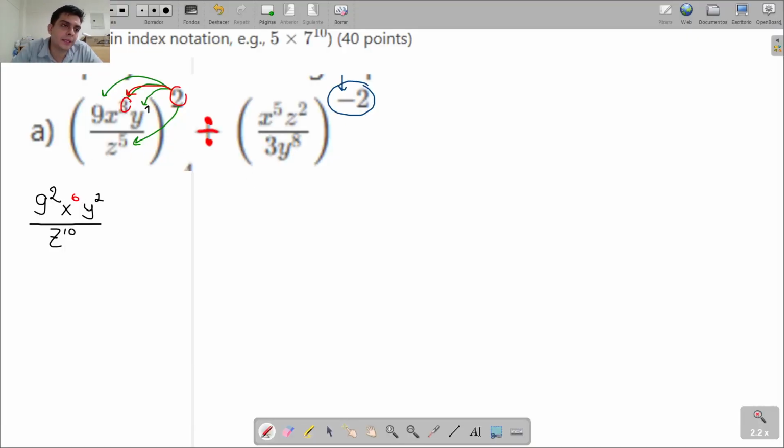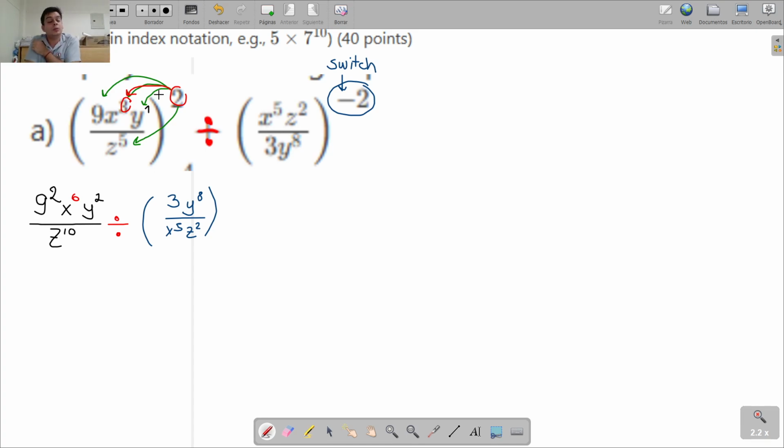We flip these places, this continues like a division, and we copy this again, but we have to switch places: 3y to the power of 8 over x to the power of 5, and we have z to the power of 2.